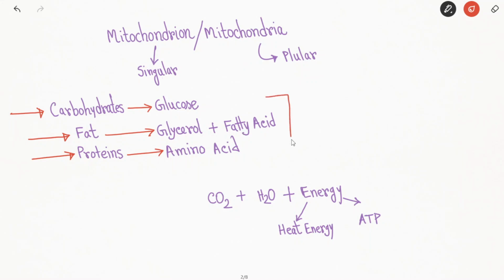So they get absorbed and enter the blood circulation, and through blood circulation they are transported to the cells in our body. So inside the cells, they are further broken down so that energy is produced and cells can use that energy.